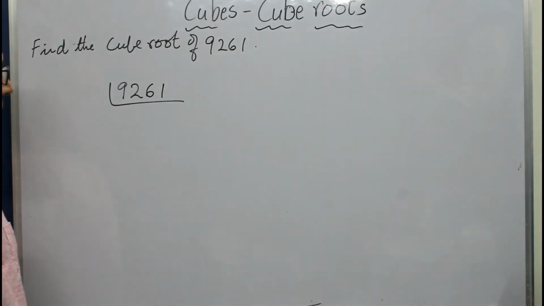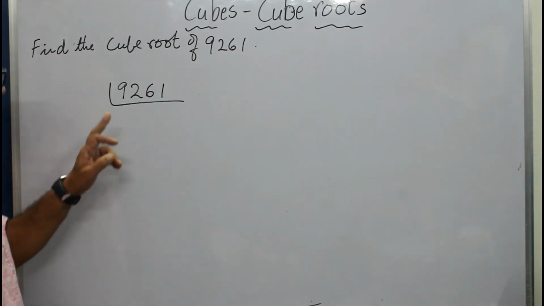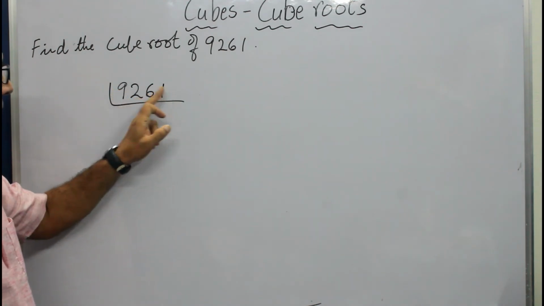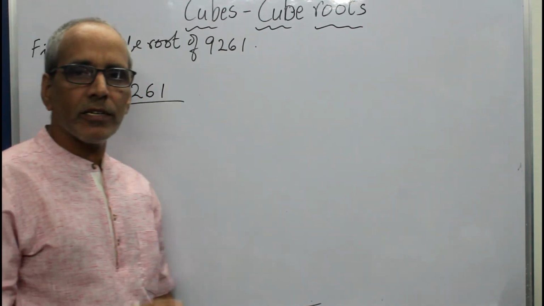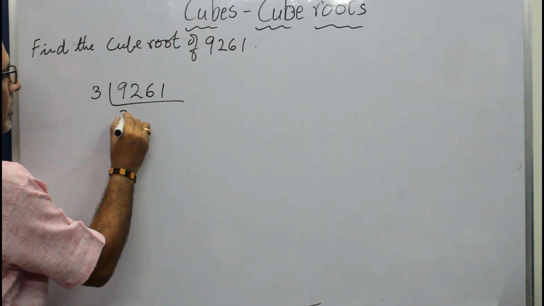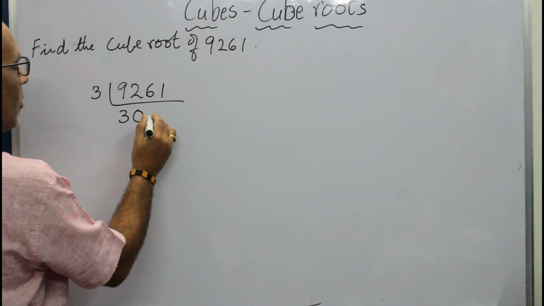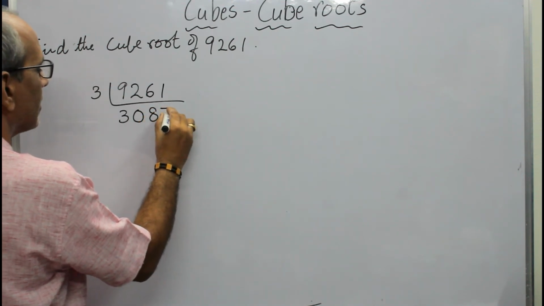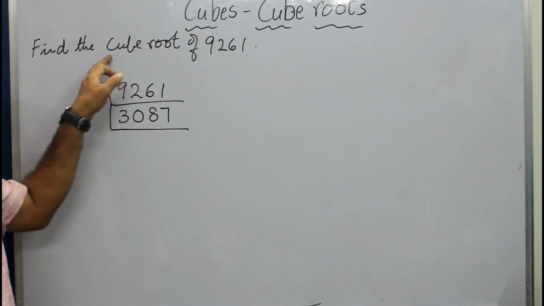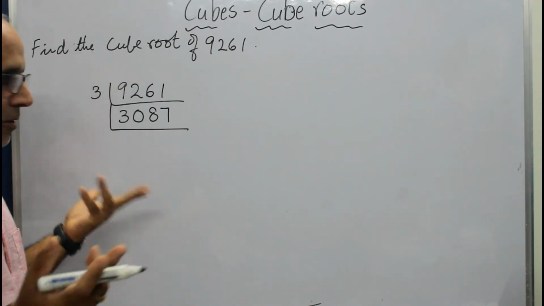What is the least prime number that I can divide by here? 2 is not possible. Next, 3. 9 plus 2 plus 6 plus 1 is 18. The sum of the digits is 18, so the number is divisible by 3. 3087. Since it is already a cube number, we get this factor 3 times, no doubt.